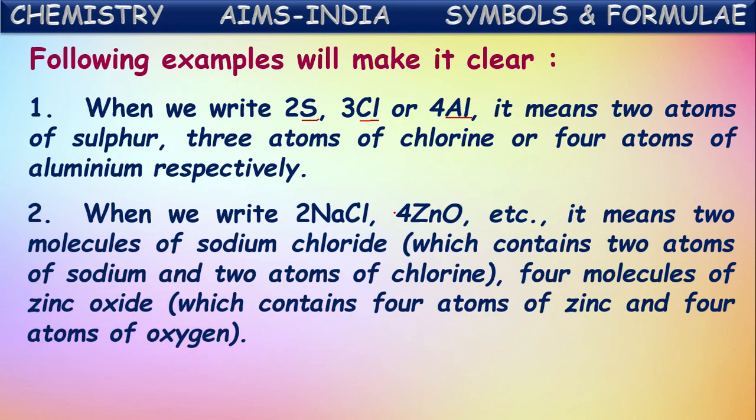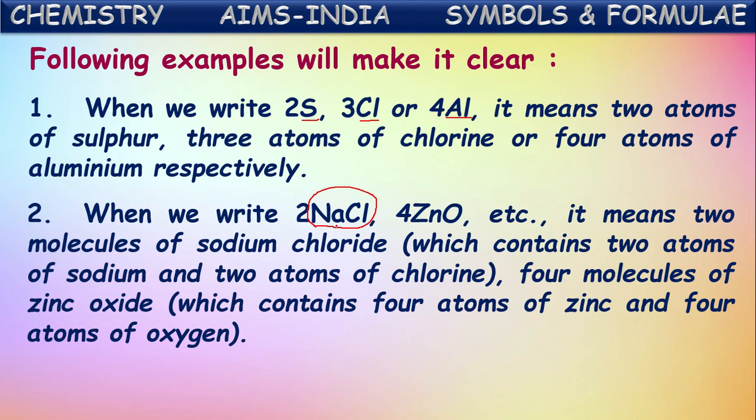See here, in front of the molecular formula, a number is written. The second example, when we write 2NaCl or 2ZnO, these represent two molecules of sodium chloride, isn't it? We know this NaCl represents the sodium chloride compound. This is a shorthand notation of the compound name sodium chloride.